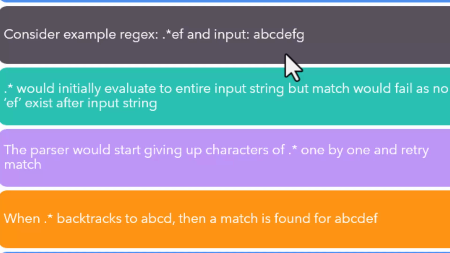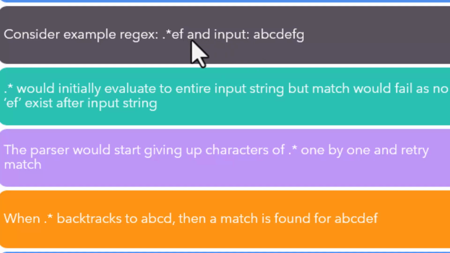Let me explain. In our example, the parser would start giving up the matched value of dot star one by one, which currently is ABCDEFG, one character at a time, as it saved a state during the capture of each character. So it first gives up G and attempts to match. So ABCDEF, and then it tries to match EF, which again fails.